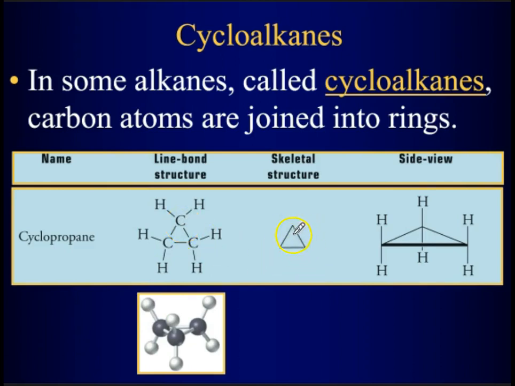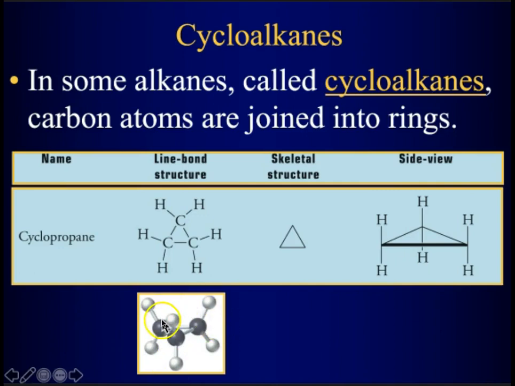So we're drawing the skeletal structure. It is just a triangle. But this is the flat view. We can actually draw it in side view where we're drawing the bottom that comes out of the board. So now instead of the hydrogens looking like they're in the board, we can actually say that they're on top of and below the plane of that triangle. So with this different view, we can actually see how these structures look in three-dimensional space.